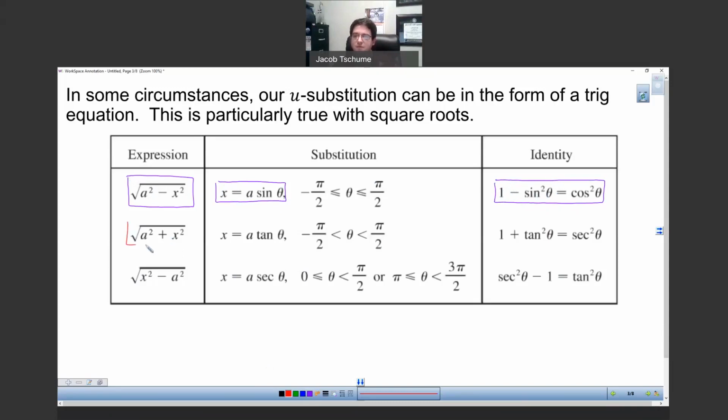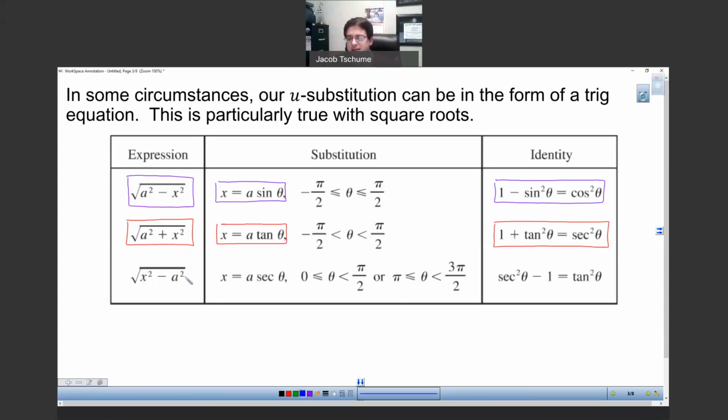If you have the expression a squared plus x squared inside of your radical, then we will use the trig substitution x equals a tangent of theta, and then you will eventually use the identity 1 plus tangent squared theta equals secant squared theta, which will allow you to cancel the square root.